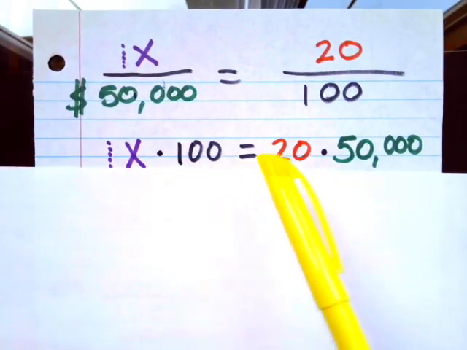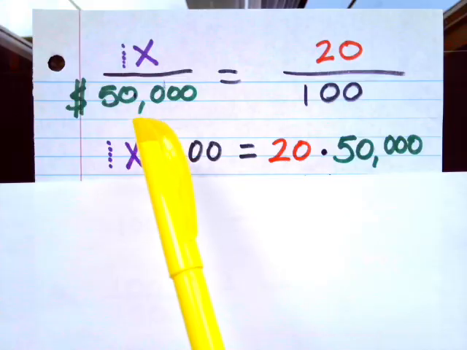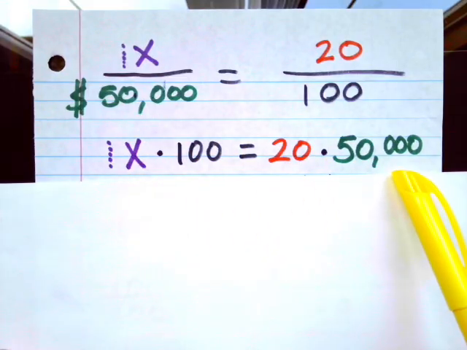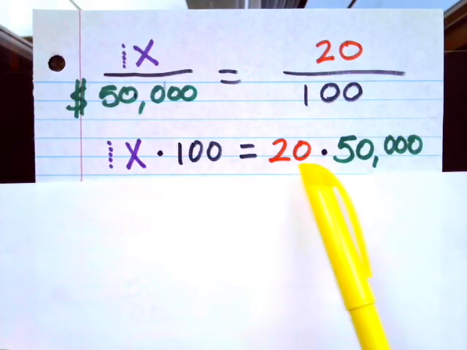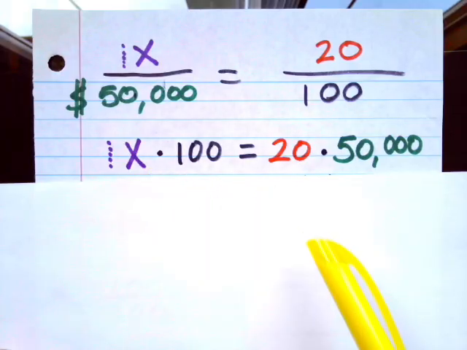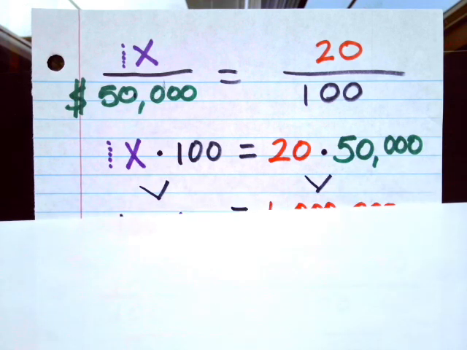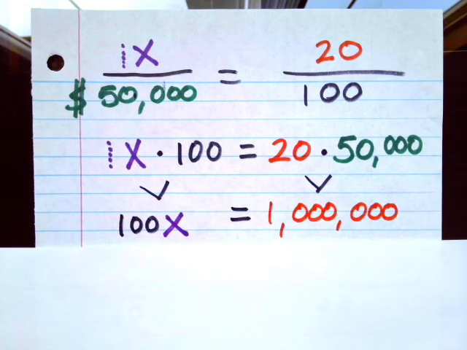Equal sign, and then 20 times 50,000 I'm showing you here. That's a multiplication symbol on both sides of that equal sign. Now, the next step is to multiply. So I'm going to multiply these two terms. 1 times 100 is 100. Keep that x attached, 100x.